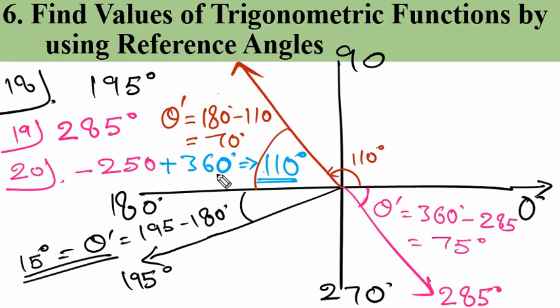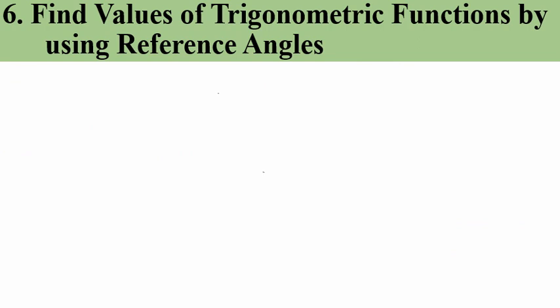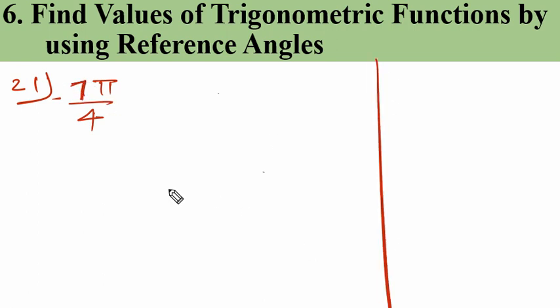That's all about it. Now what if you have an angle in radians? Then also you will do the same thing. There is nothing much to change. For example, if you have an angle, let's say 7 pi over 4, you should know the radian measures. So this is 0 degrees.